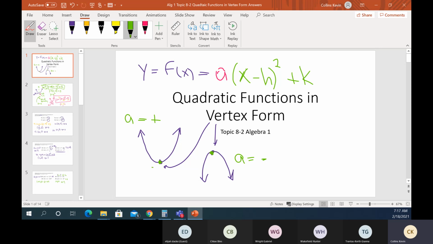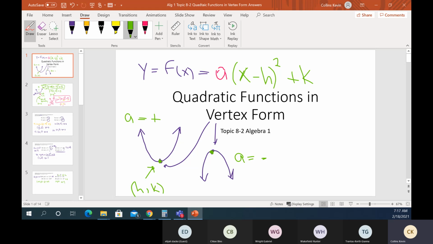Then this vertex point, it's an xy point. And for some reason, they like to use the letters h and k. So the purpose of that is when they give you something in vertex form, it's really easy for you to tell them what the vertex is.